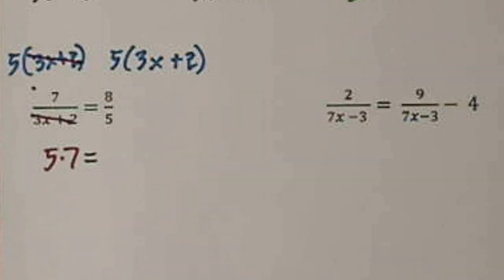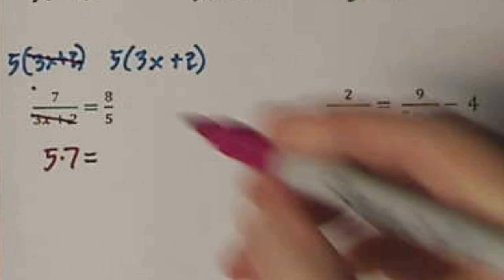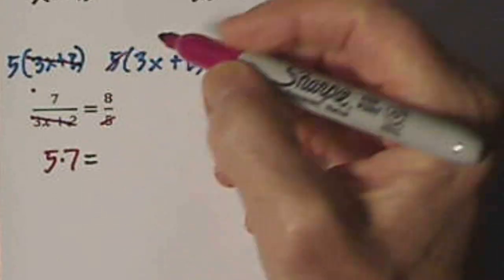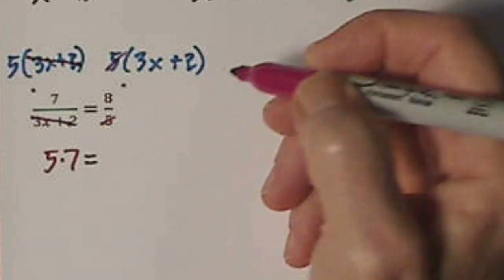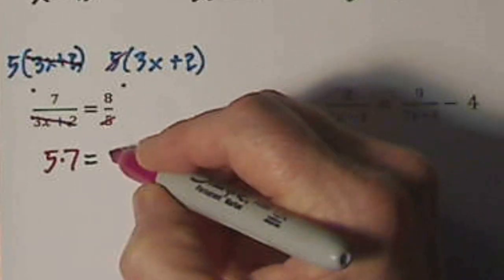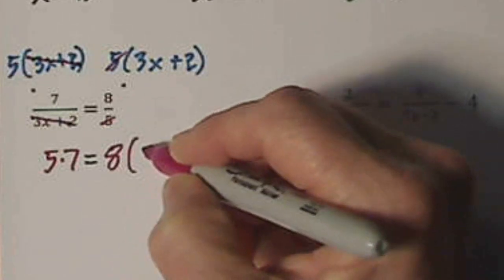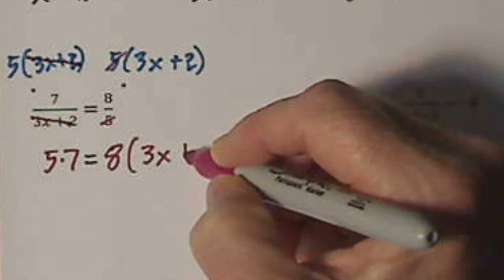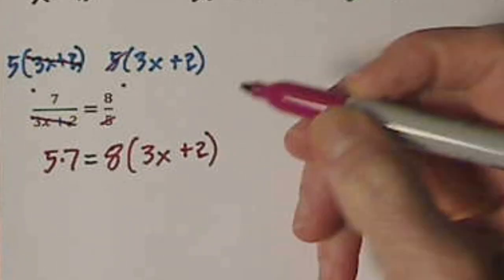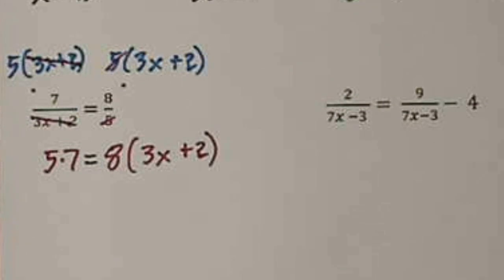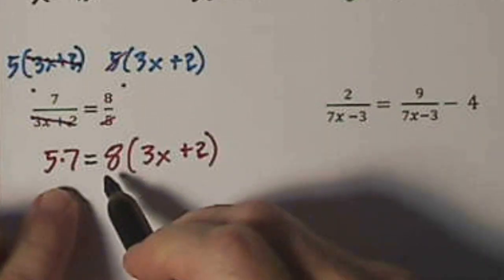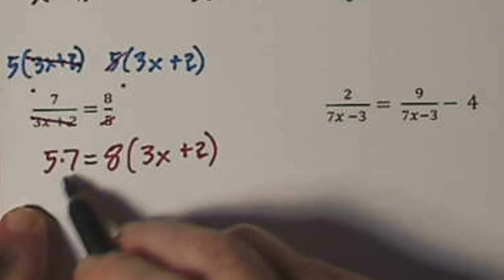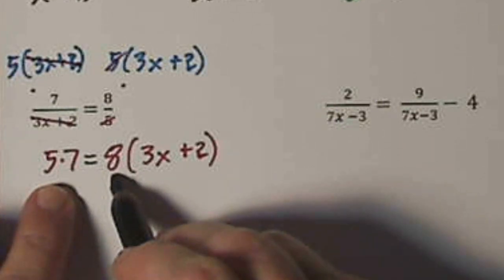And let's see. There's our equal sign. What can we cancel? 5 goes into 5 once, so you have 8 times all of this, 3x plus 2. All right? So here's 8 times the quantity 3x plus 2. If 8 would divide evenly into something over here, I would just divide each side by 8.